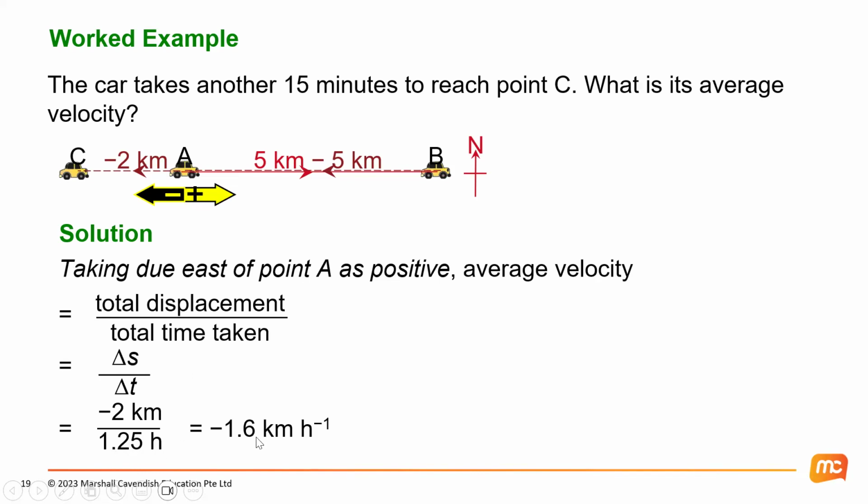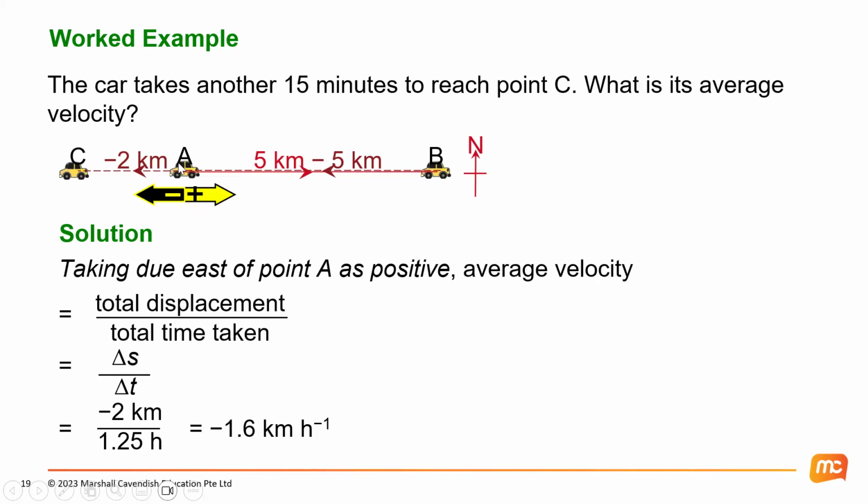Okay, so now my velocity is negative -1.6. Negative simply means, again, the car is moving in the opposite direction because velocity is a vector that's positive and negative again. Once velocity becomes negative, means I am moving in the opposite direction.